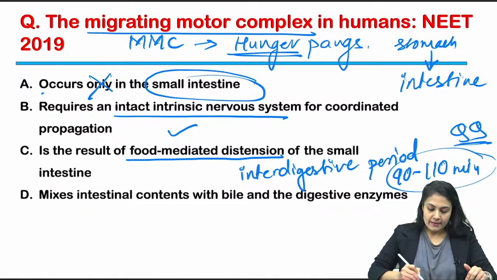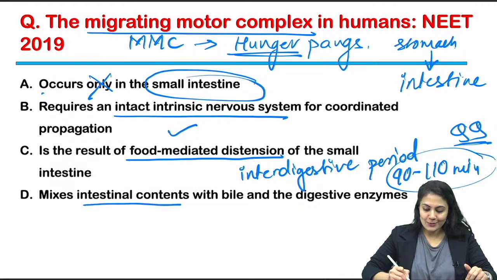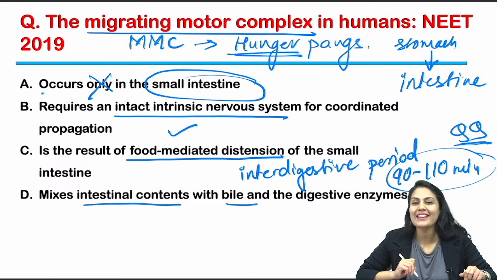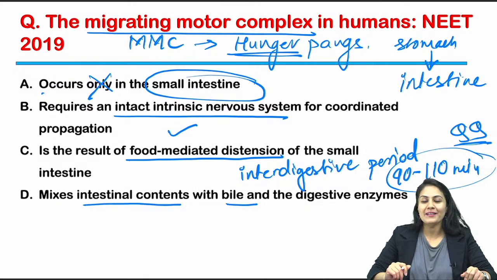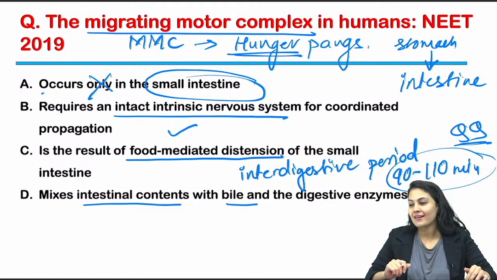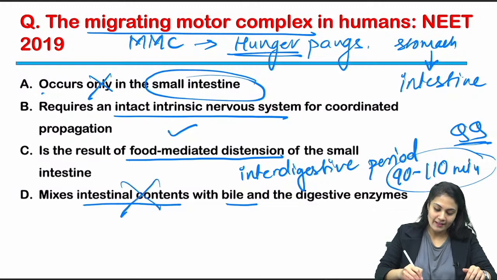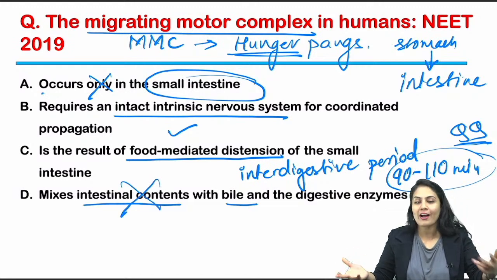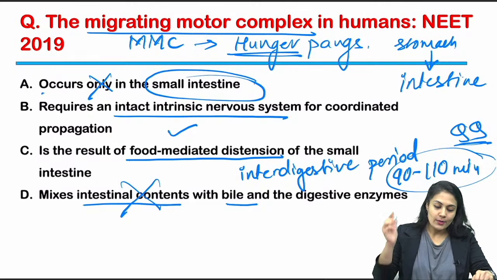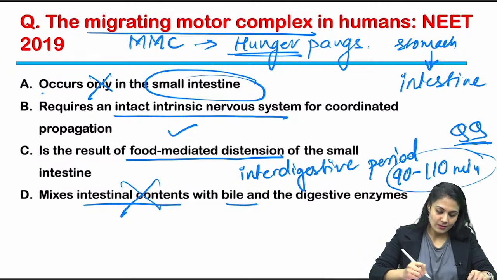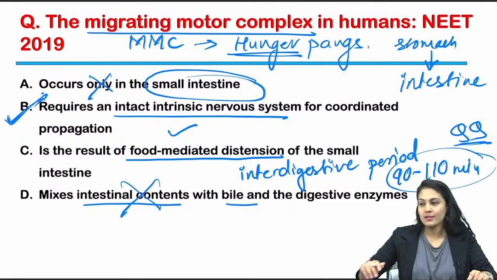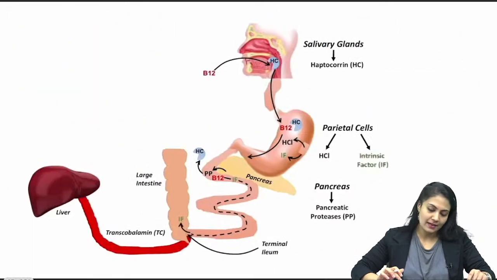Mixes intestinal contents with the bile. There is nothing in the intestine, right? And that's why the rats are running there. So please understand, there is nothing in the intestine, which is why we are having hunger pangs, right? So MMC is hunger pangs. So the only correct answer over here is option B, right?